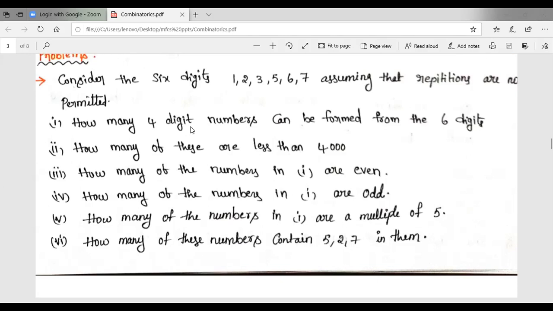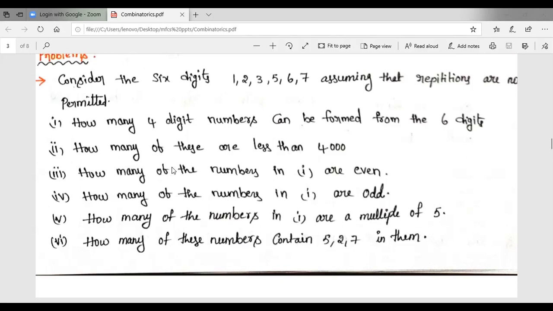In the first question we find the possible 4-digit numbers using the given 6 digits; in the sixth question, we find how many of those numbers contain these 3 digits. These are the questions under the main question. The 6 digits are 1, 2, 3, 5, 6, 7, and repetitions are not permitted.